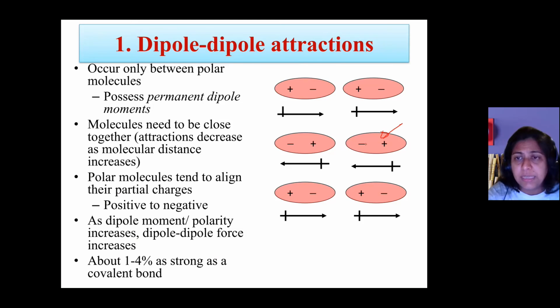They are polarized as a positive end and a negative end. So the attractions occur between oppositely charged polar ends. They'll align in a way that the opposite charges are facing together and they should be close enough together to make a dipole-dipole force.